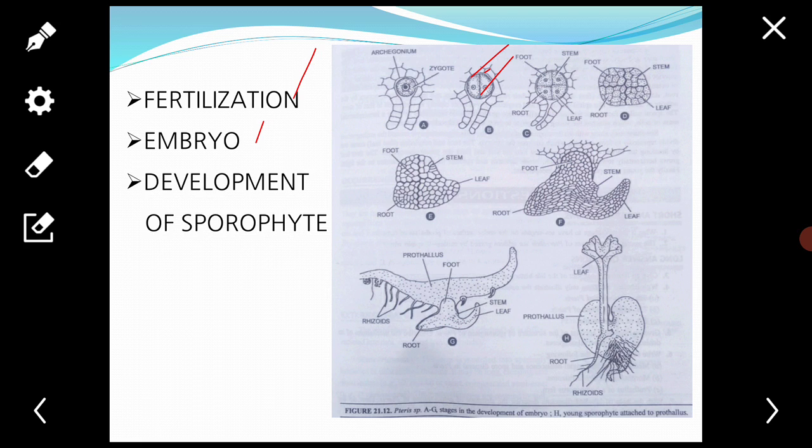The root penetrates into the soil and fixes the young sporophyte. The first leaf grows horizontally towards the apical notch, bends upwards, and spreads its spatulate lamina towards the light. Finally, the young sporophyte becomes independent.